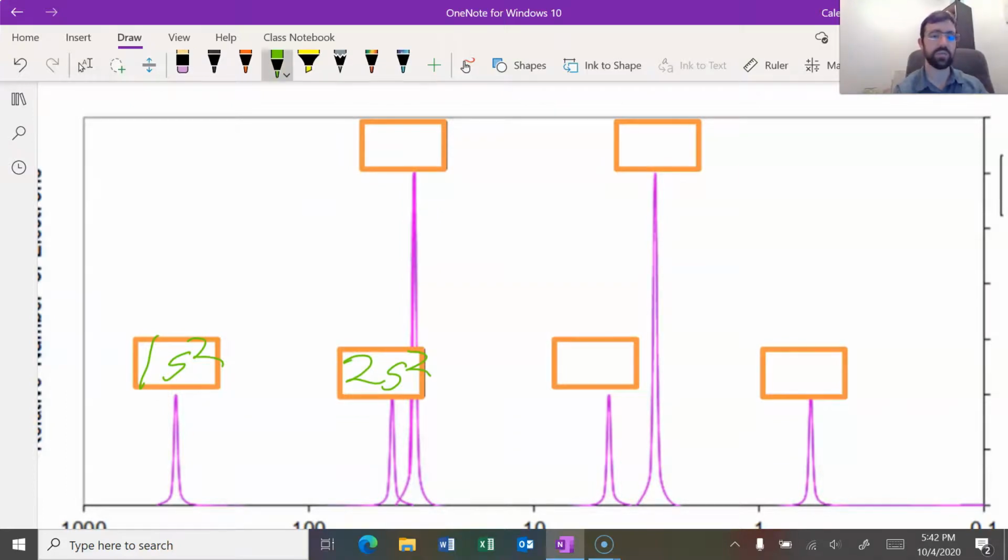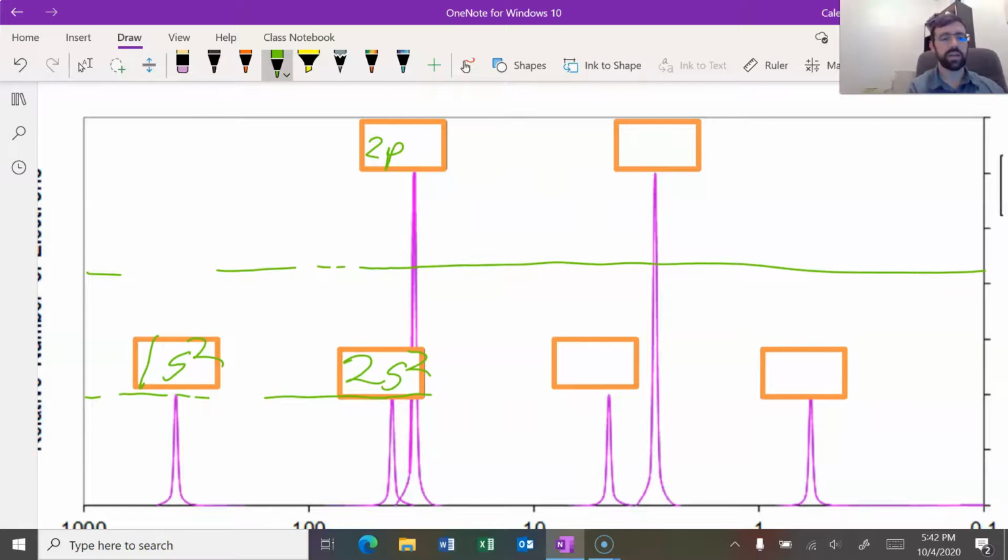Okay, the next peak would be 2p, and it should be 2p6, but let's check if that makes sense. If this represents 2, then 4 would be about right there maybe, and then 6 would be probably right about here, and it looks like that's what we've got.